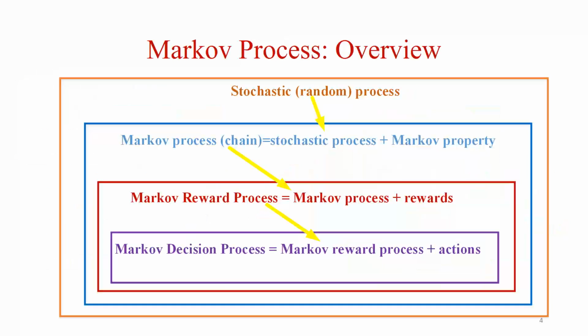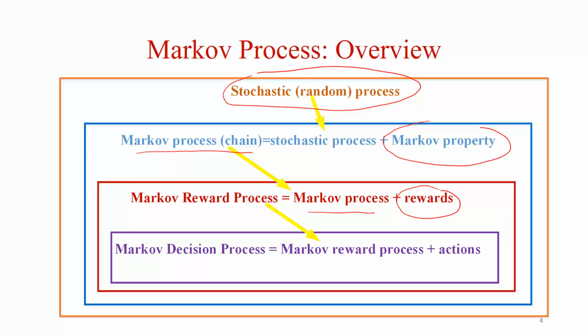However, as we will see here, the Markov decision process is a progression of different levels of processes, and we start this progression with the stochastic random process. If you add to the stochastic random process the Markov property, then it becomes a Markov process or Markov chain. If you add rewards to the Markov chain, then it becomes a Markov reward process.